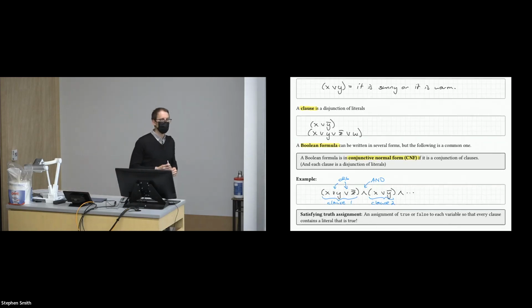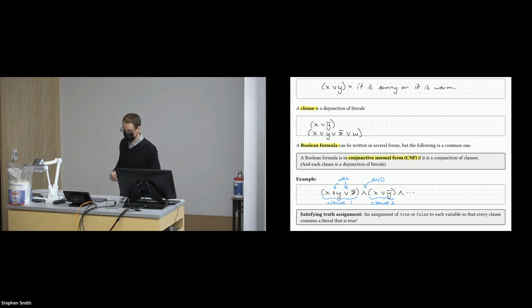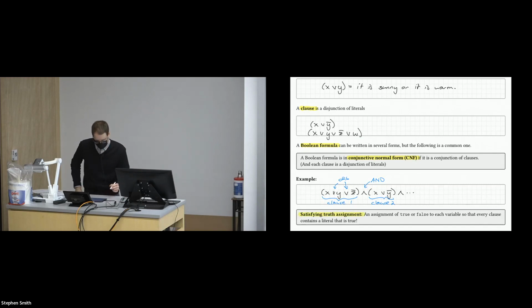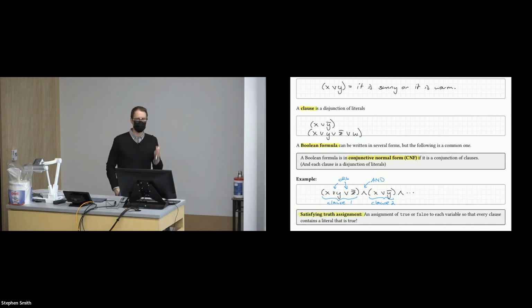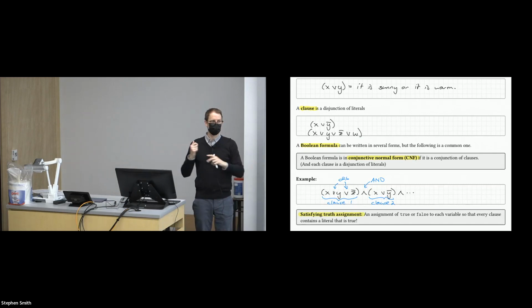And then the goal of the satisfiability problem is to find a satisfying truth assignment. So that's an assignment of true or false to each variable so that the overall formula evaluates to true.